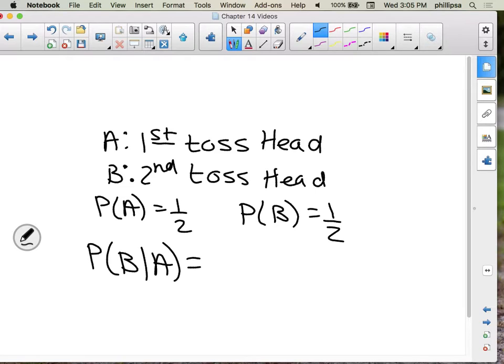The coin has no memory. It doesn't know that it tossed a head the first time. So the probability would still be 1/2, because what happened the first time is not going to affect what happens the second time.